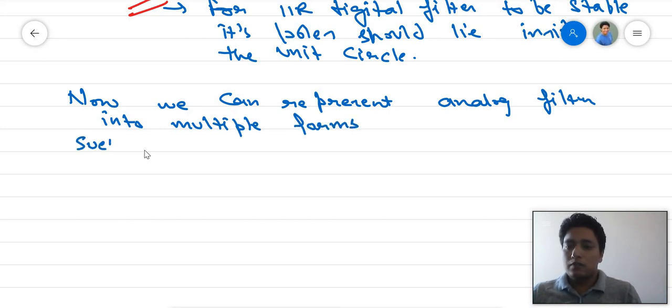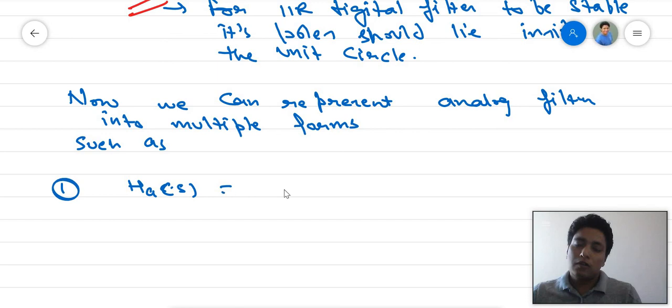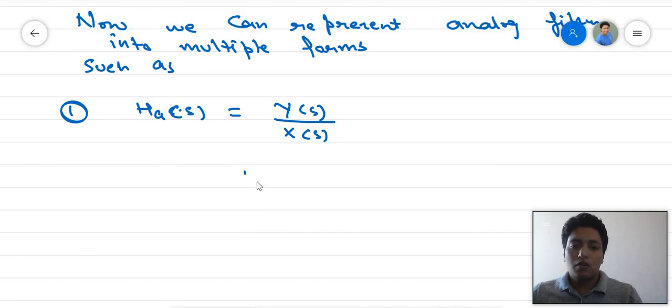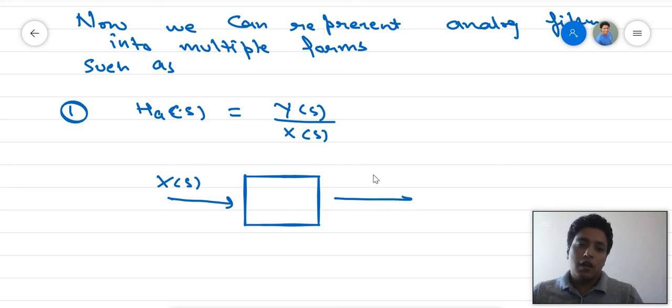First, H_a(s) can be written as Y(s) over X(s), where we have provided an input X(s) and obtained an output Y(s), and this is the transfer function of an analog filter.